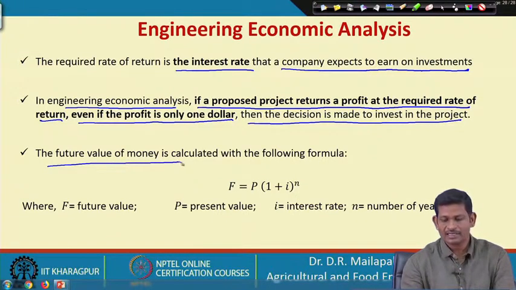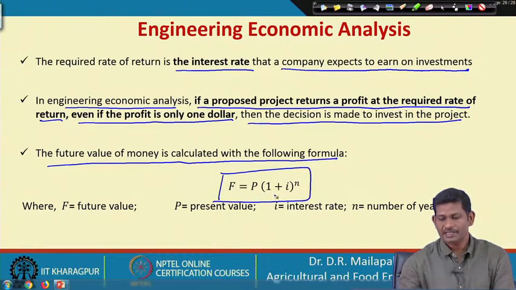The future value of money is calculated by the following formula. F is equal to P into (1 plus i) power n, where n is the project life, P is the present value, i is the interest rate, n is the number of years, and F is the future value.